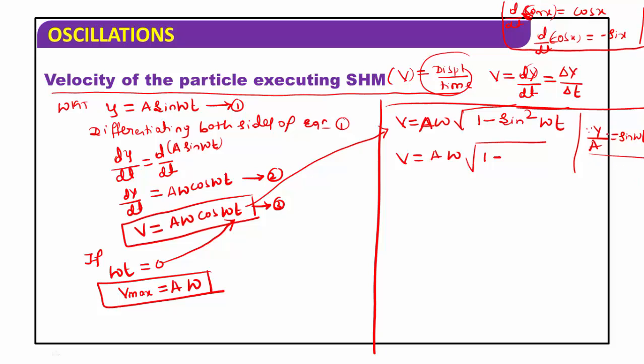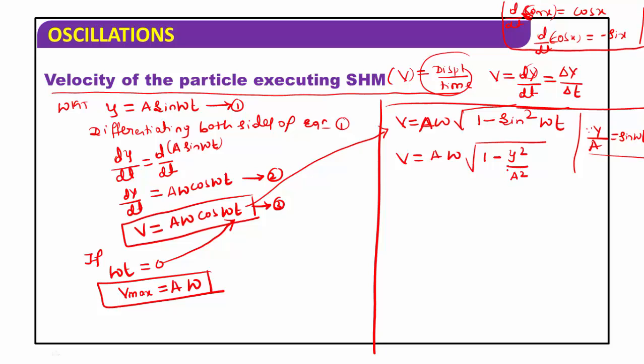Now I substitute this value here. Using this equation, y divided by a is equal to sine omega t. Here there is sine square, so the equation becomes y square divided by a square. To write sine square, we use the formula y square divided by a square.